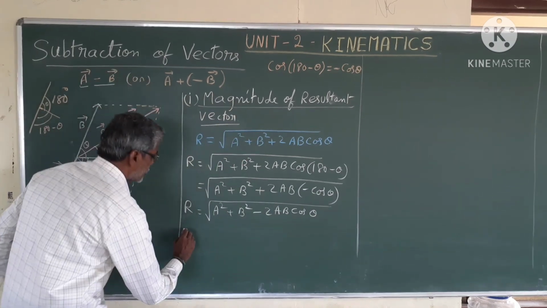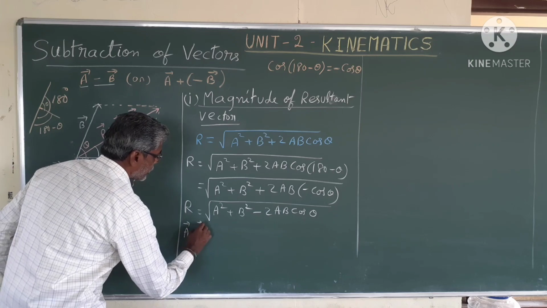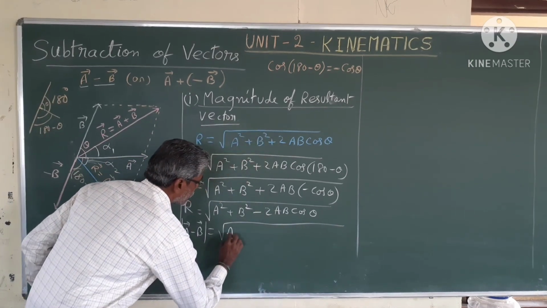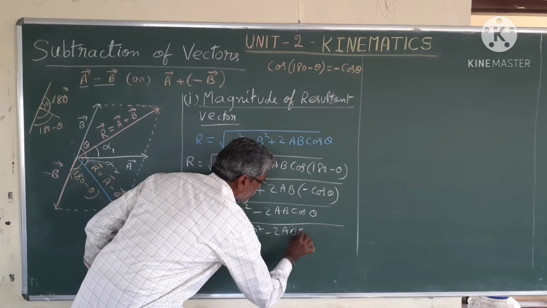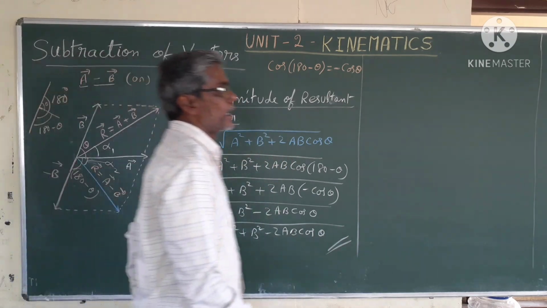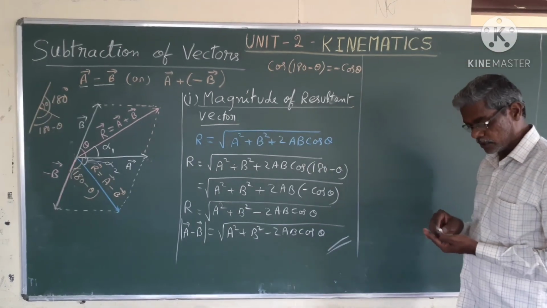Therefore R is equal to square root of a square plus b square minus 2ab cos theta. This is the modulus of a vector minus b vector. This will give the magnitude of the resultant vector, that is, the subtraction of two vectors.